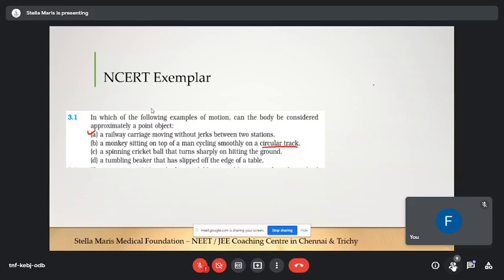Let's say I'm just bowling it in a straight line. So what will happen about the second condition?